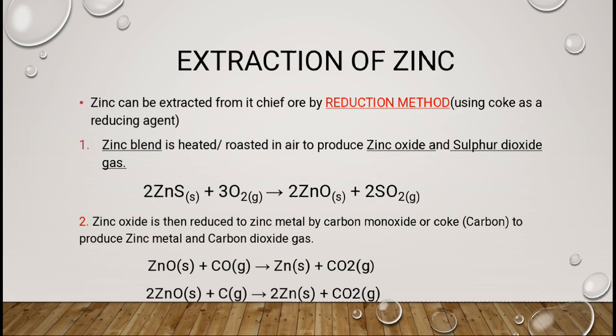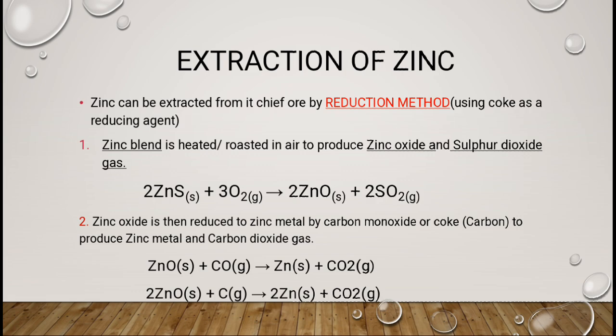Now the zinc oxide that has been produced is going to be reduced to zinc metal by carbon monoxide or coke, which is carbon, to produce zinc metal and carbon dioxide gas. Then you are done describing the extraction of zinc. And don't forget to include the chemical equations.